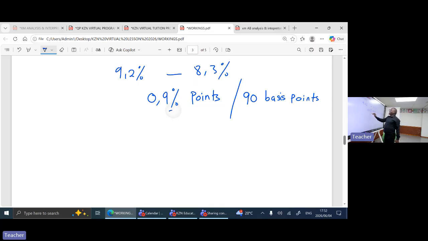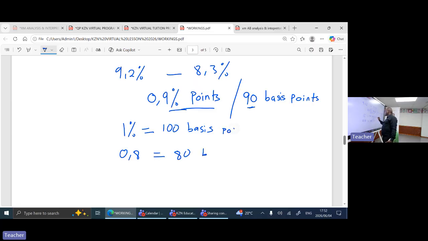Why am I saying 90 basis points here? It's because 1% is equal to 100 basis points. If we've got 0.8, that is 80 basis points.